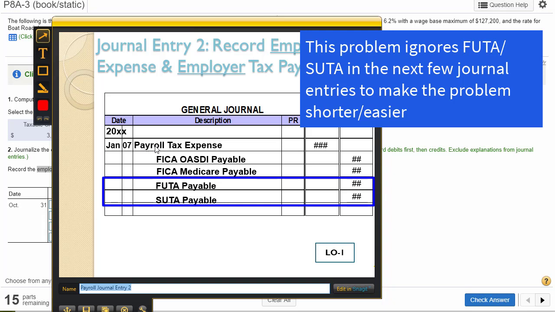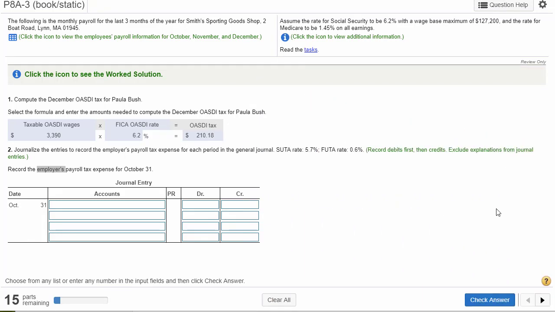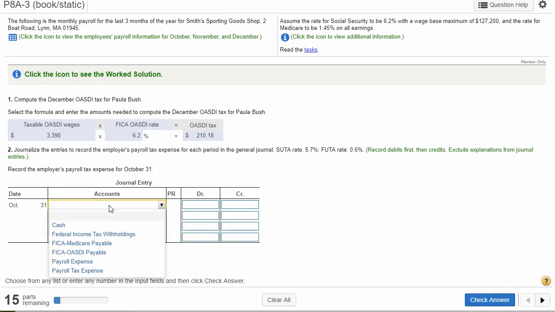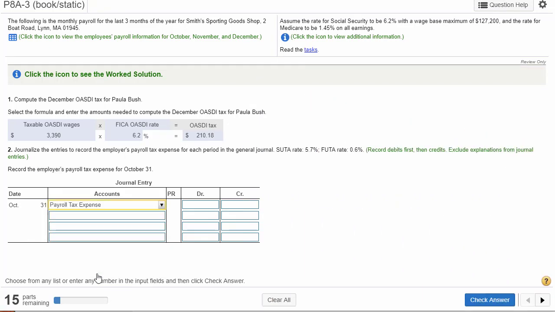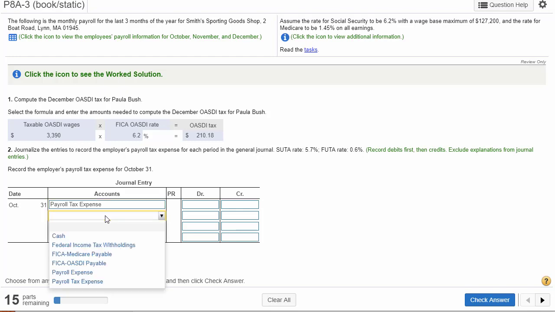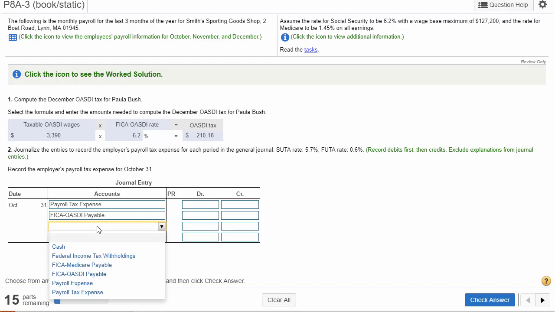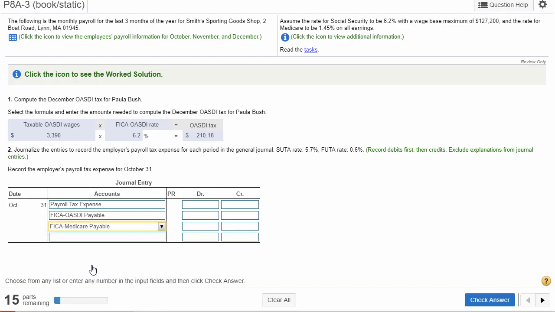So we're going to be debiting payroll tax expense and then crediting OASDI payable and Medicare payable. Now how much are the amounts?